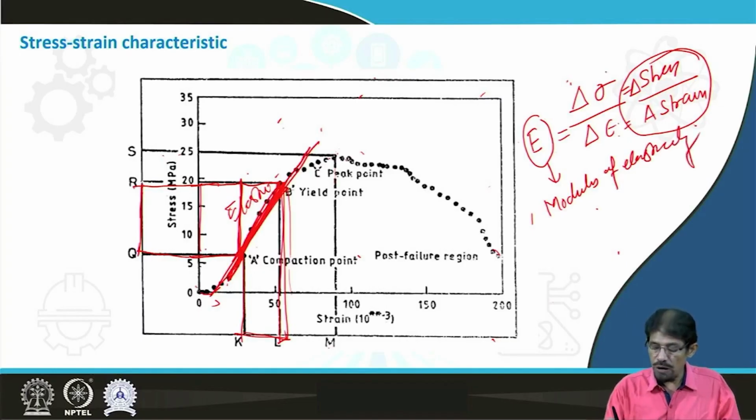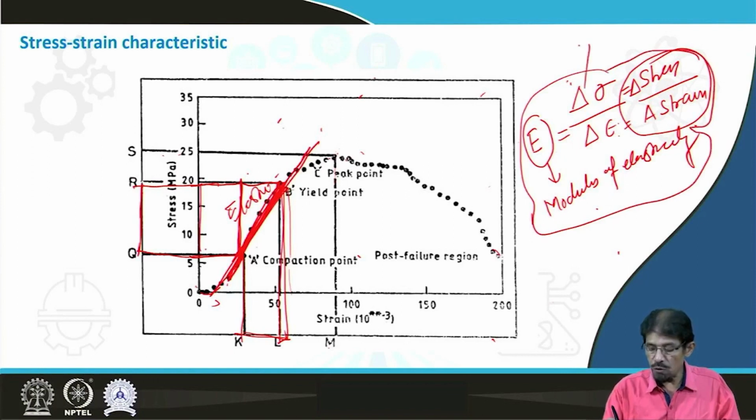If we are going to see the unit concerned to this change in stress, we are going to measure in kg per cm square, or in another unit Pascal, or bigger unit megapascal or kilopascal, etc.